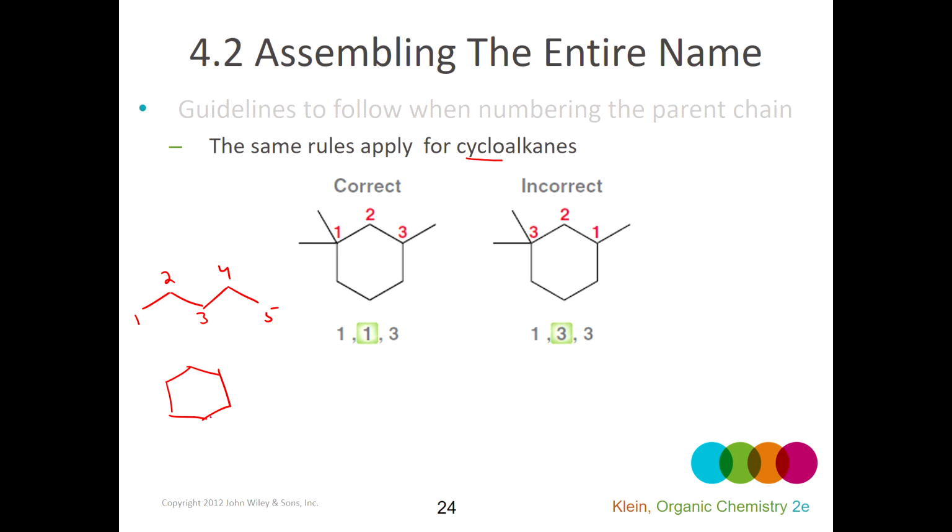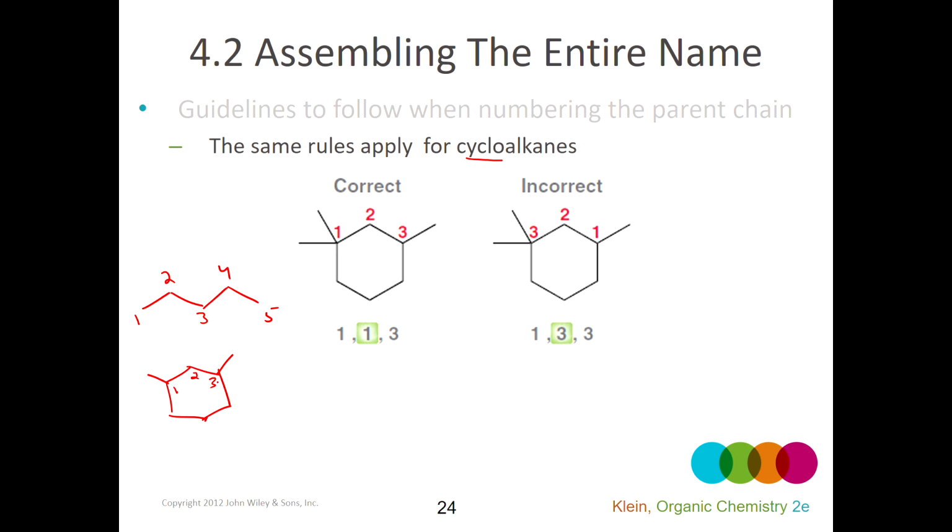In a ring, there's no side. There's no one left or right side. There's just the ring. So I can make any one of these carbons carbon 1. If there's a substituent, I want that to be carbon 1, so it'll have the lowest number possible. If there's multiple substituents, one of those is going to be carbon 1, and I'm always going to number toward the other one to give both substituents the lowest numbers possible.